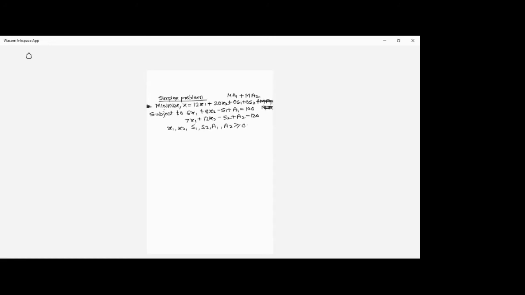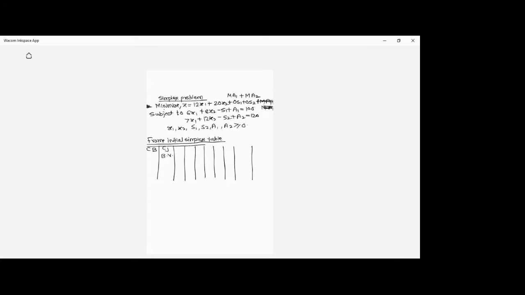So we can move ahead and frame the initial simplex table. We have Cj, and we have basic variables. We have 6 variables, 1, 2, 3, 4, 5, 6, and space for solution.